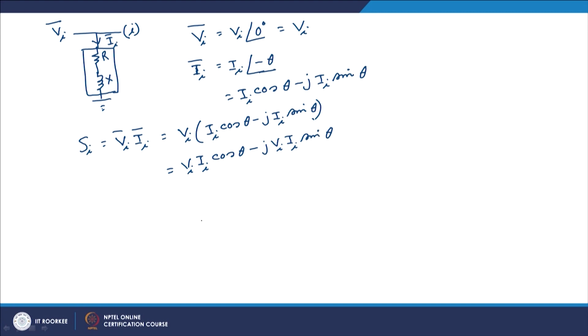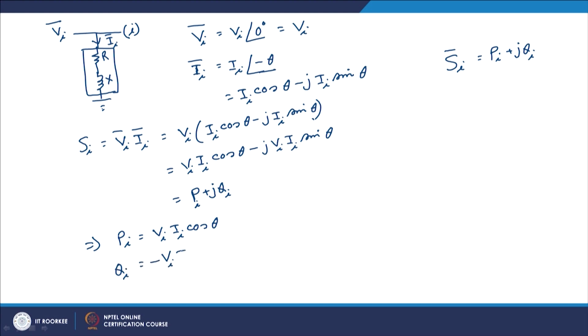If I denote that Si is given by Pi plus jQi, after all it is a complex quantity, then from this identity we get Pi equal to Vi Ii cos theta and Qi equal to minus Vi Ii sin theta.